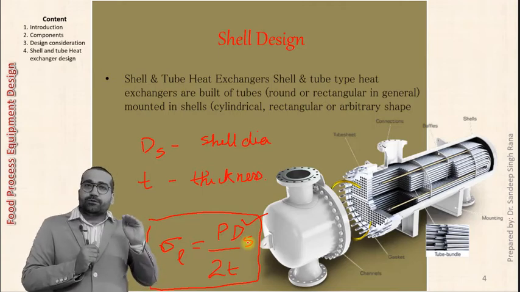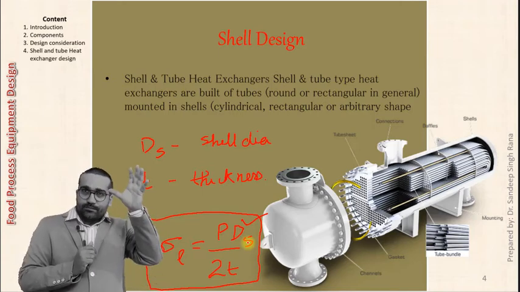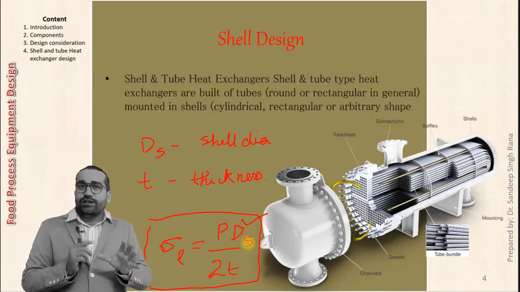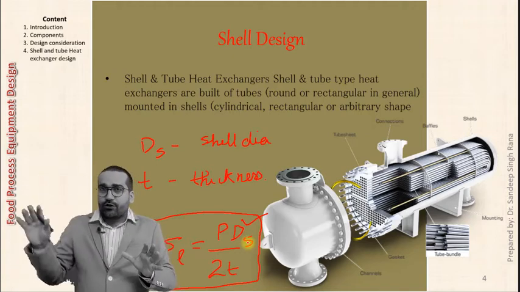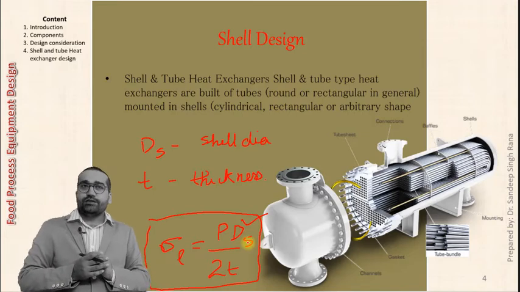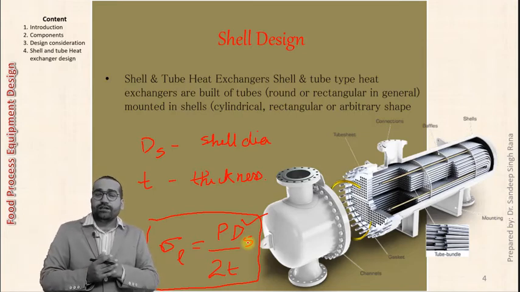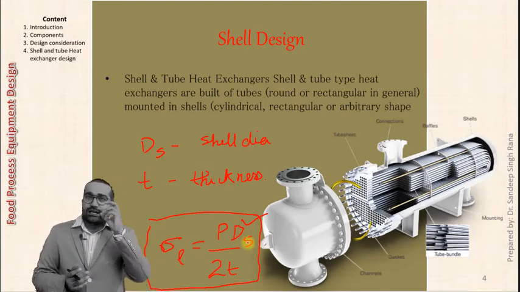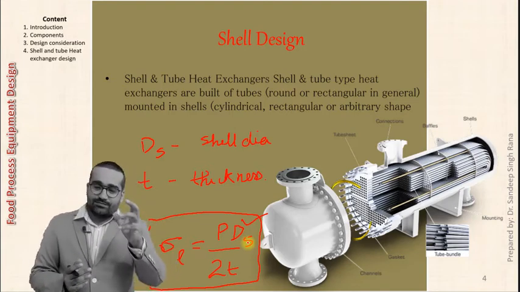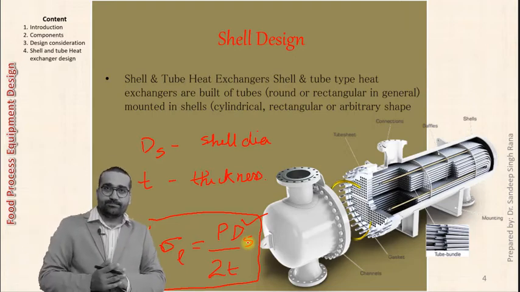These are the parameters on which our design of diameter of shell depends. So that we will see later. So here we have seen how to decide the thickness of the shell in a shell and tube type heat exchanger.